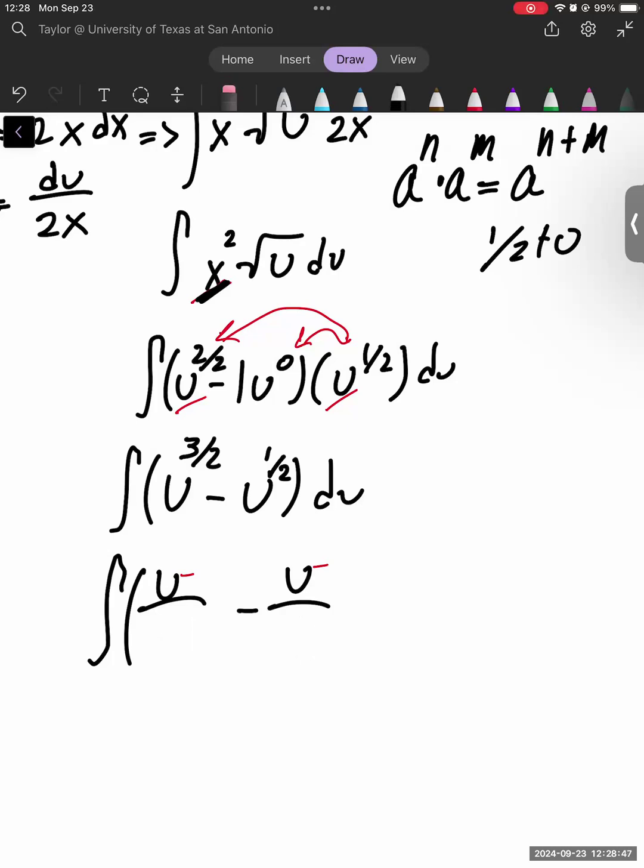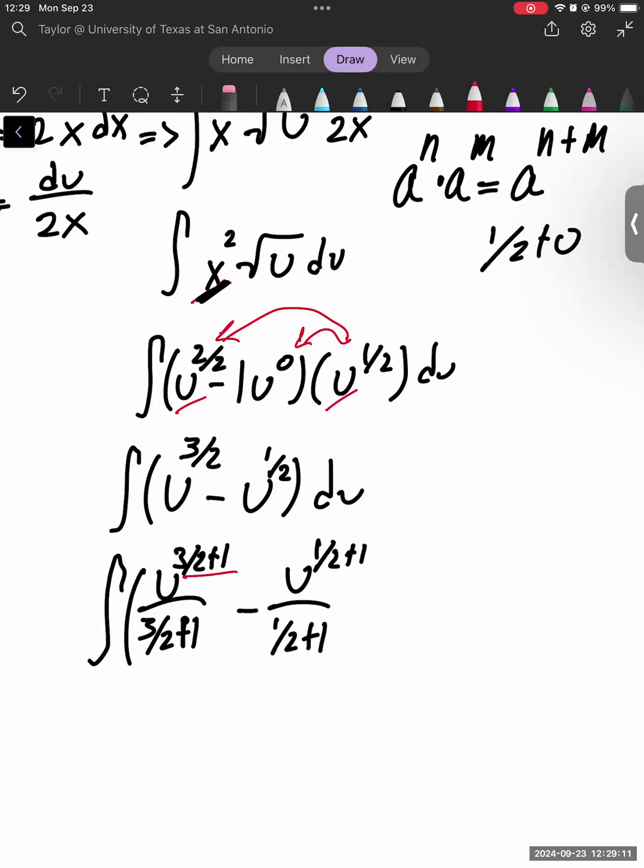Okay, so I get 3/2 plus 1, 1/2 plus 1. Carrying that to the bottom, I get 3/2 plus 1, and then 1/2 plus 1. So what is this number?